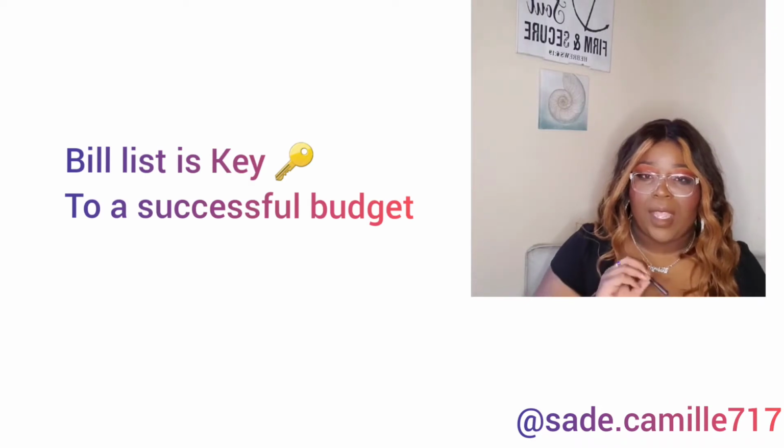Listing all the bills that you have is the absolute first step in your budgeting. It's the most important step, right? You can't begin to streamline everything if you don't know how much or what type of bills you have coming out.